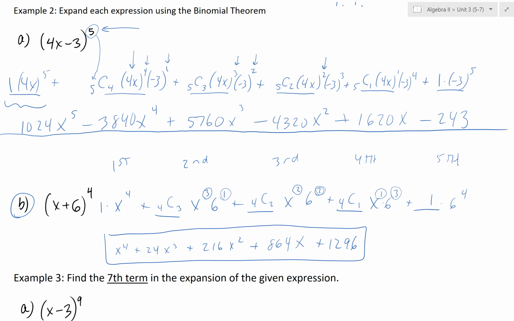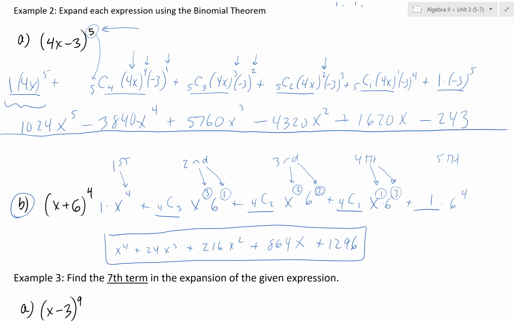Okay, now look at the term number and the powers, the exponents that we have. The first term is fourth power, second term is third power and first power, third term is second power and second power, fourth term is first power and third power. Does anyone see an easy pattern that relates the term number to one of those exponents? So that if we are at the 7th term, we would know what the exponent should be?